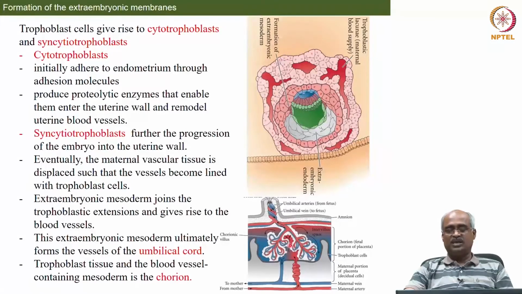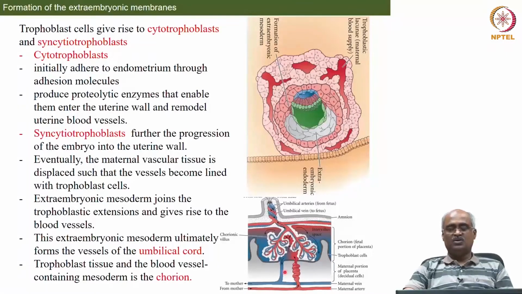Instead they exchange in this area in which both of them diffuse. So the oxygen and other food supply from the mother's circulation comes into this area from which this chorionic villus takes up. And similarly, urea and carbon dioxide from this diffuses into this area from which it drains into the mother's vein.